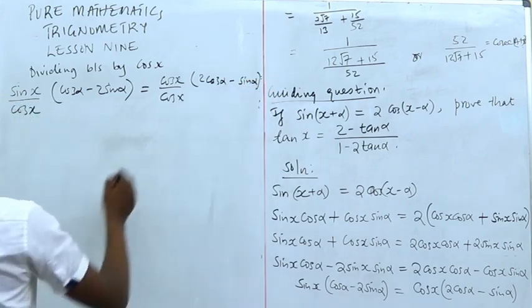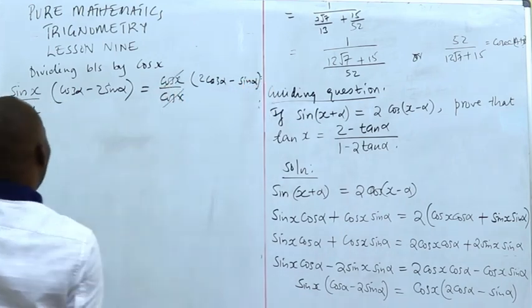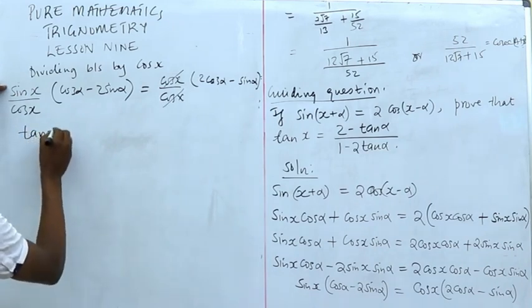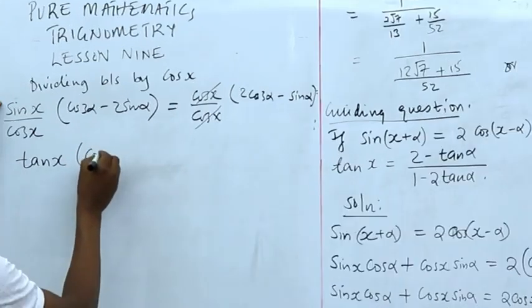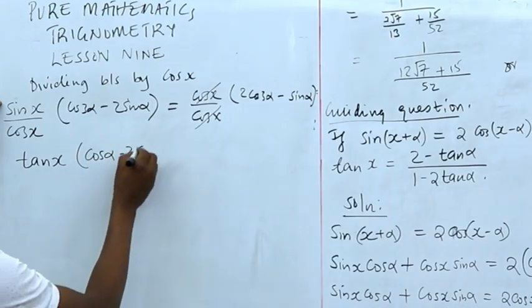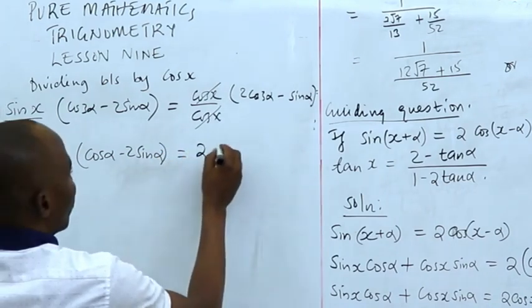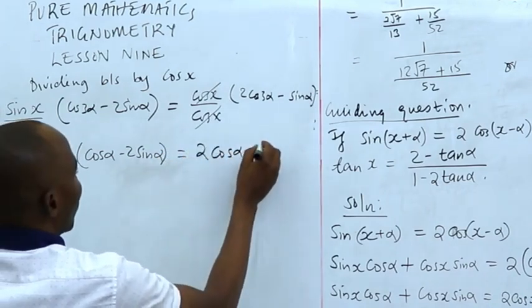Okay? Now this one will cancel with that. Here we have tan x into cos alpha minus 2 sine alpha is equal to 2 cos alpha minus sine alpha.